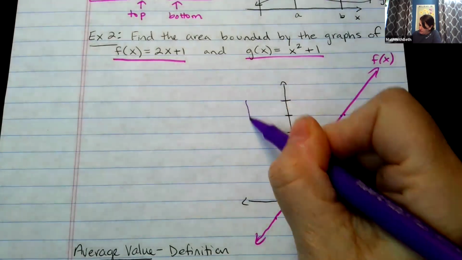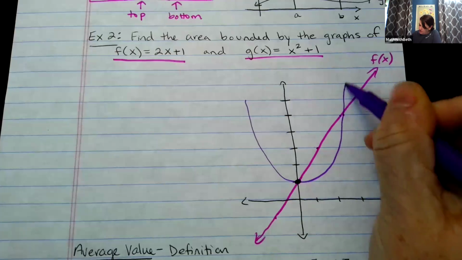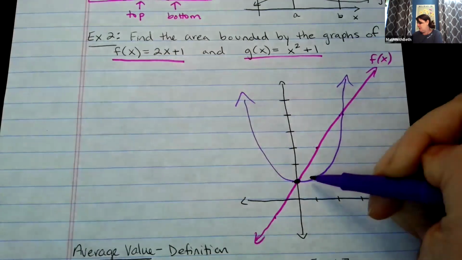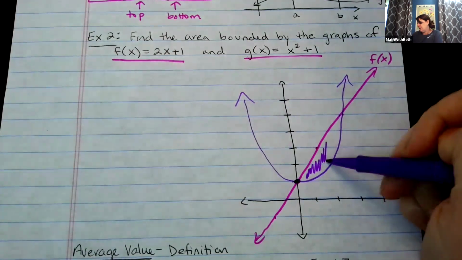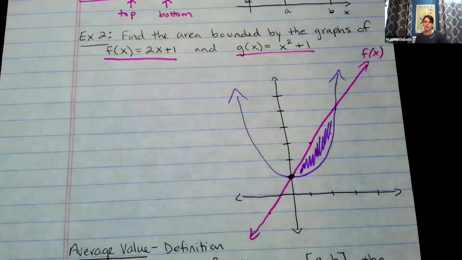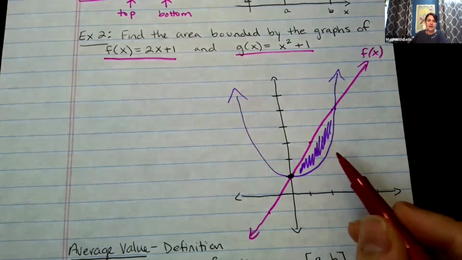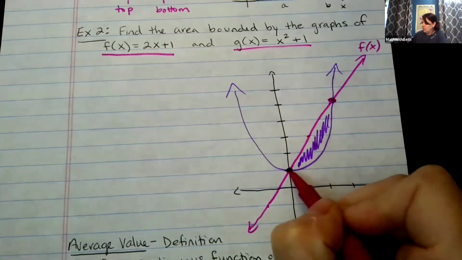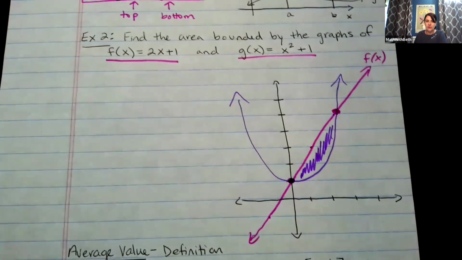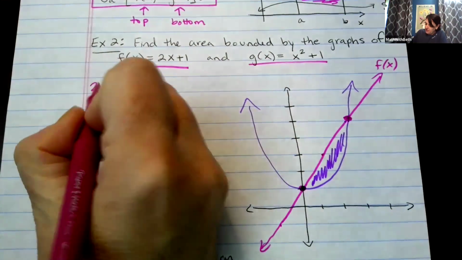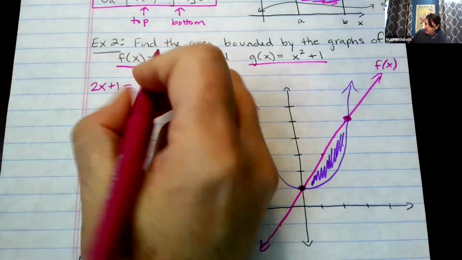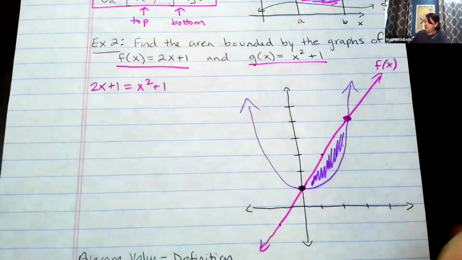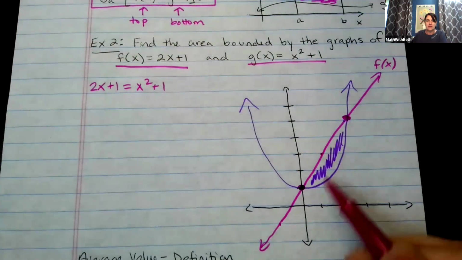So I think we'd end up getting a picture like this that we're trying to find the area in between. My graph's not perfect, so I'm not sure exactly where these two points are. I'm just going to find out really quickly by setting the two equations equal, just to double check where they are intersecting.